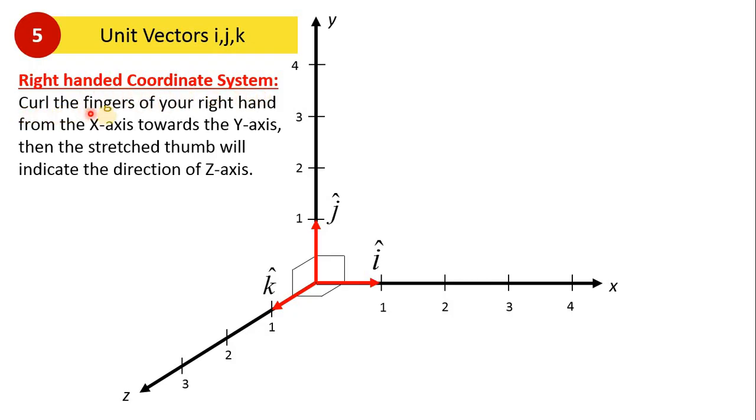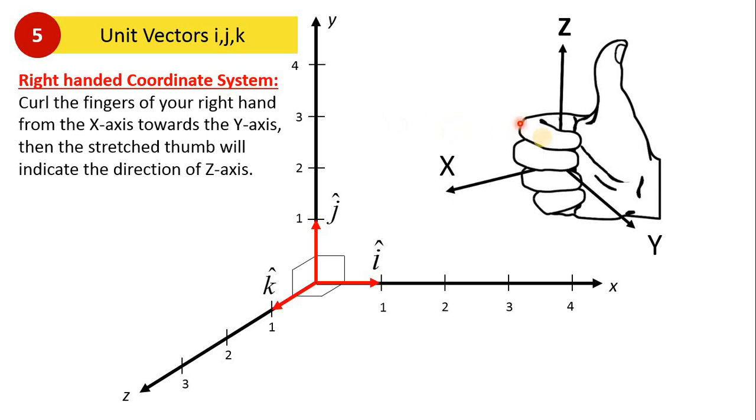If you curl the fingers of your right hand, except the thumb, take your 4 fingers together. Curl the fingers of your right hand from the x-axis towards the y-axis. Then the stretched thumb will indicate the direction of the z-axis.